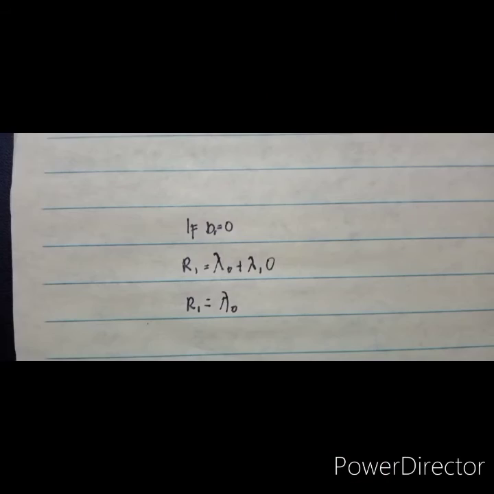For example, if the sensitivity related to the factor is equal to 0, then the return is equal to the riskless rate of return. So let's move on to the factors affecting the return.